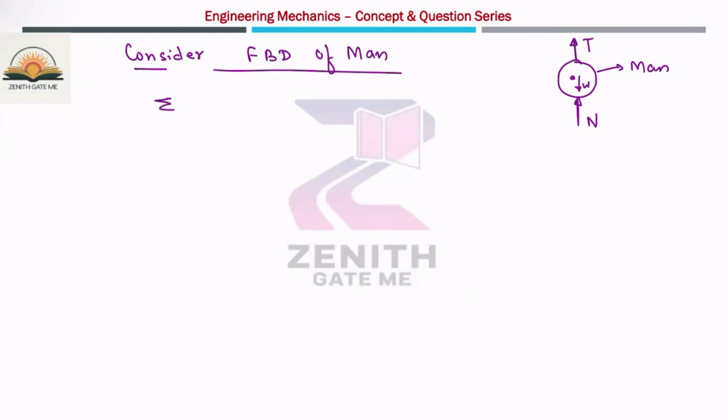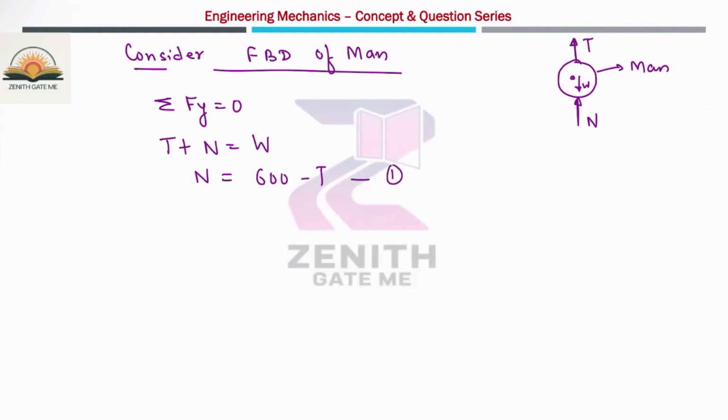If you write summation of force in the y direction equal to 0, this is the y direction and this is the x direction. So tension plus N is equal to W. So I can write the normal reaction as 600 minus T, where W is nothing but the 600 Newton, the weight of the man. So this is the first equation.